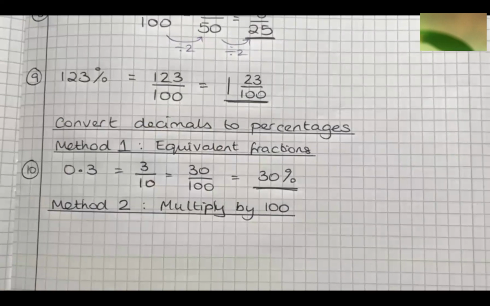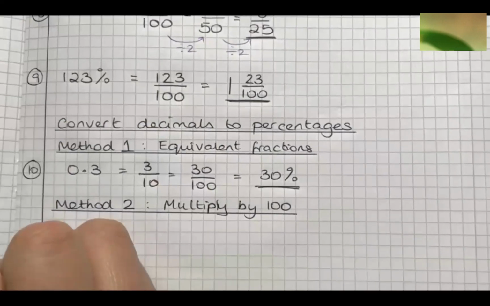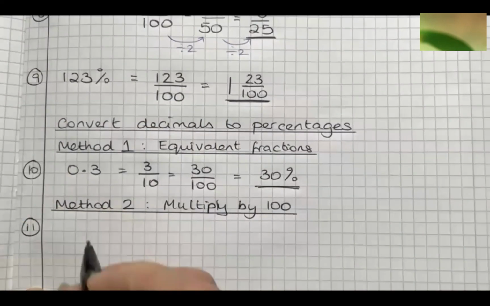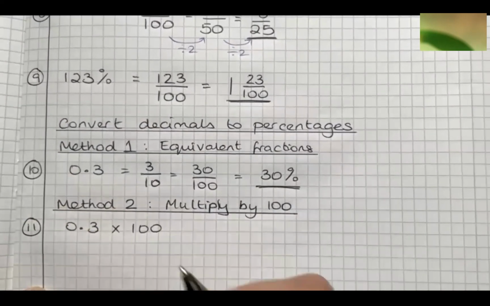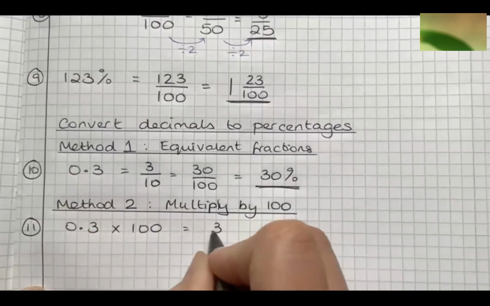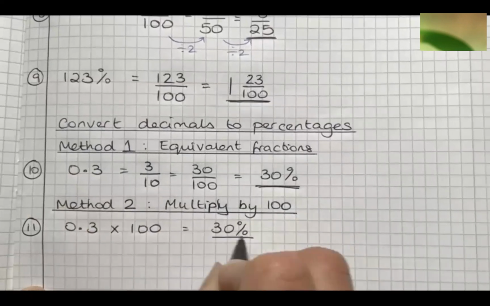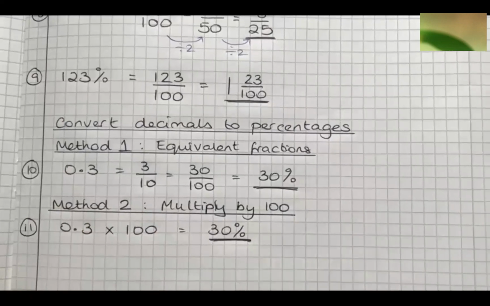And again, you are not going to get me to sing it. So, question 11, we've got 0.3 multiplied by 100 gives us 30%. Nice and straightforward, as long as we remember that we multiply by 100 to get a percentage, because percent means out of 100.